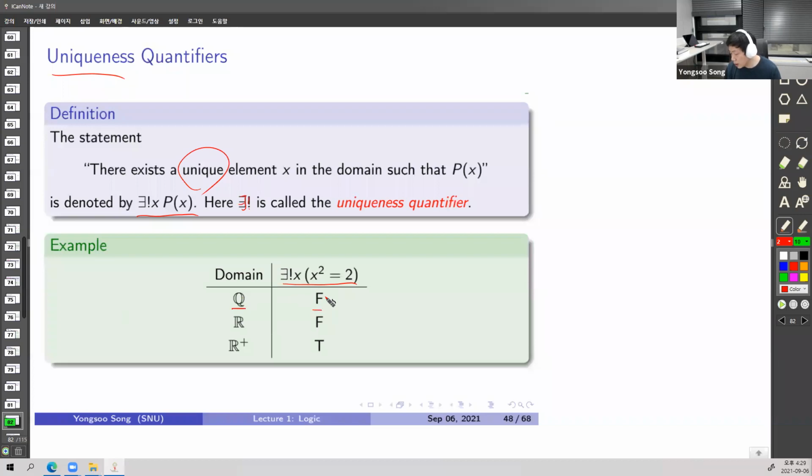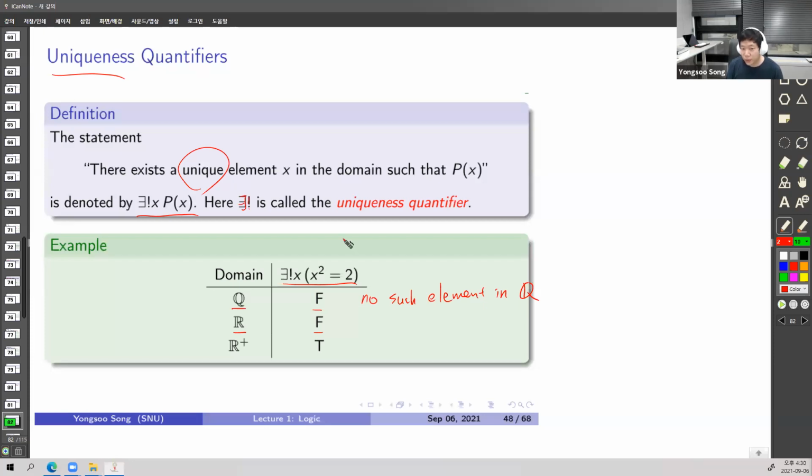So this is false because there's no such element in Q. If you compute the square of a rational number, it never becomes 2. And if the domain is the set of real numbers, this proposition is still false.